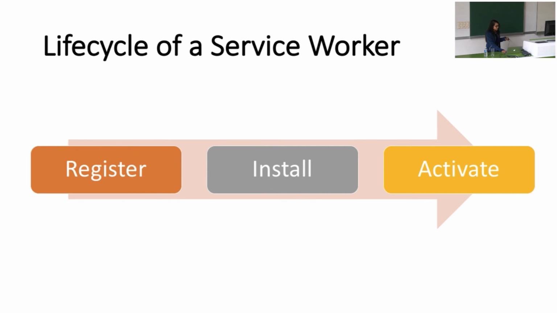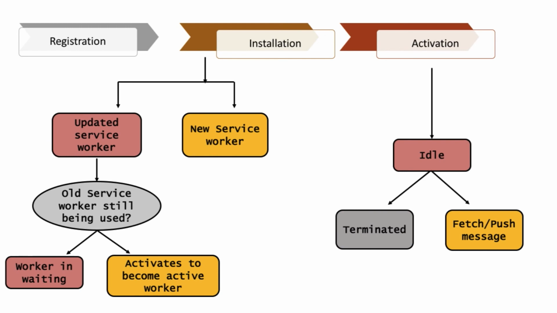Looking at the life cycle of a service worker, very quickly, the first step is registration, then installation, and then activation. Having a closer look at the life cycle, once we install a service worker, it could be one of two cases. Either it's a new service worker or it's an updated service worker, which is found out by comparing the two files bitwise.